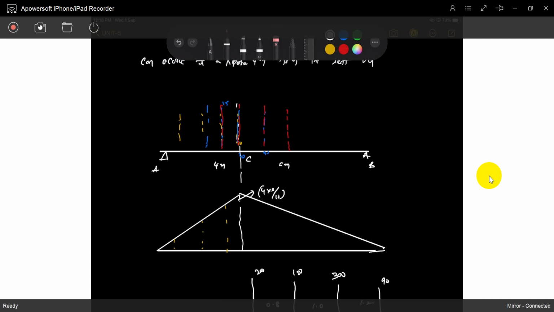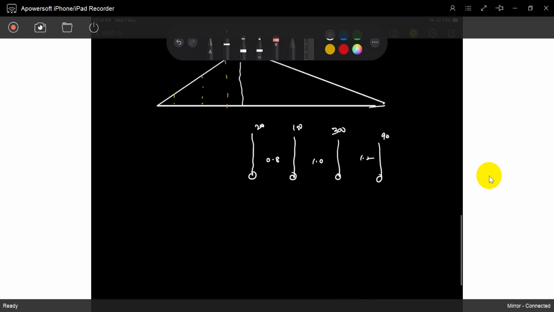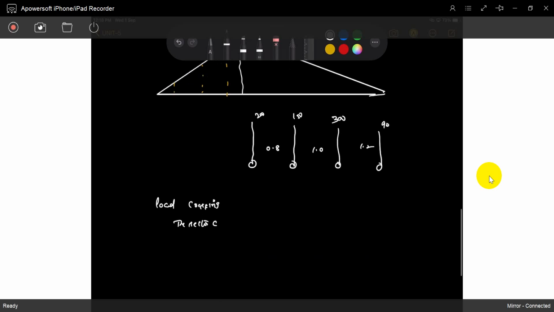So how can you check, sir? See, now you can see the load crossing the section C. Average load on AC, average load on CB. Remark.